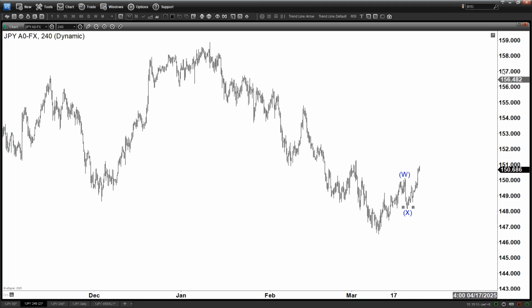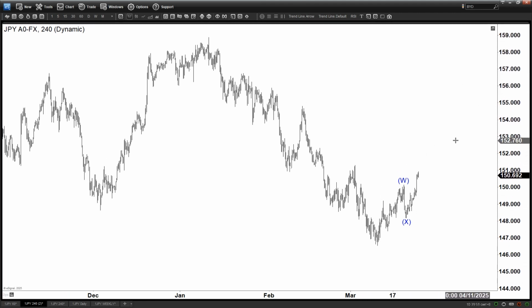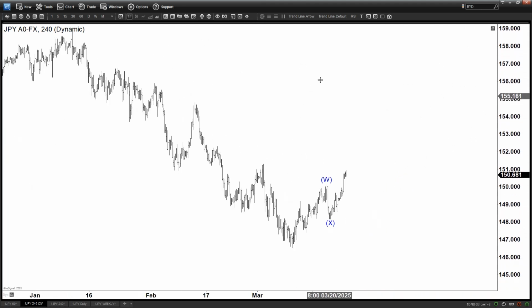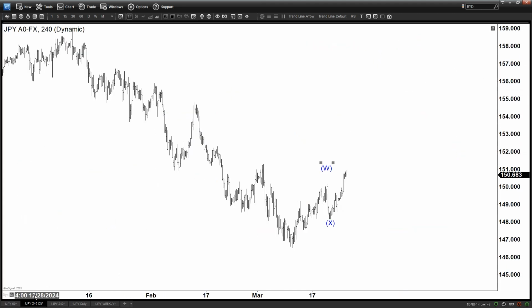Even though the daily is sideways, if you look at the 4 hour, you can see this rally looks corrective. Here it looks to me like a 3-wave rally. You can see ABC here: this is A, this is B, and that's your C, 1 2 3 4 5 C, ending W.